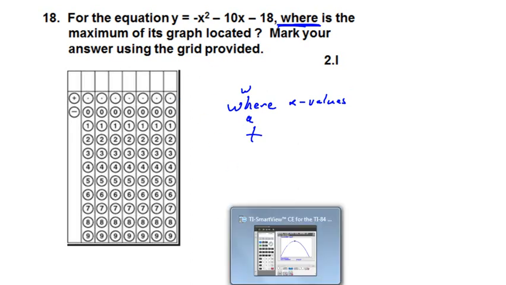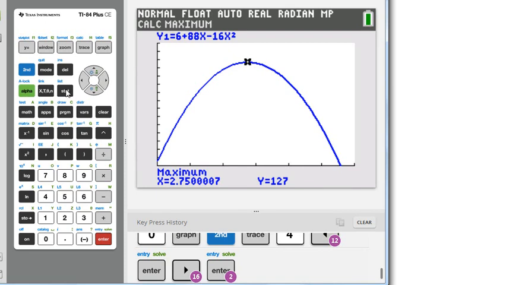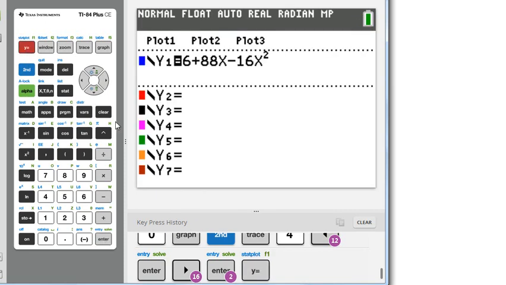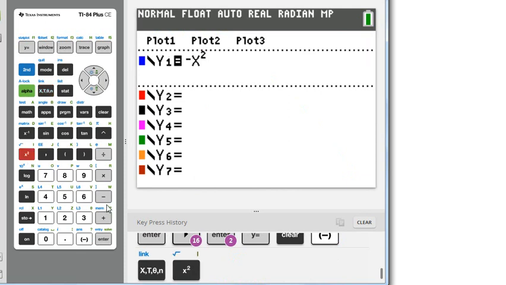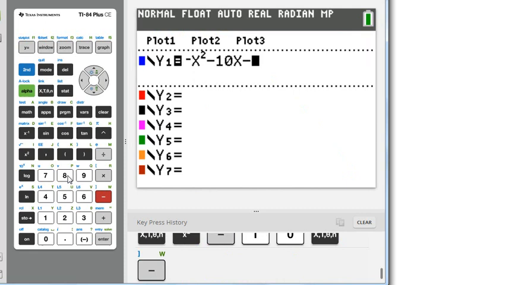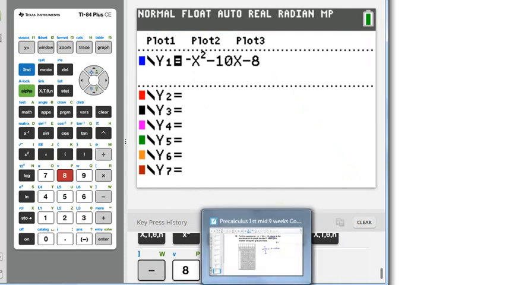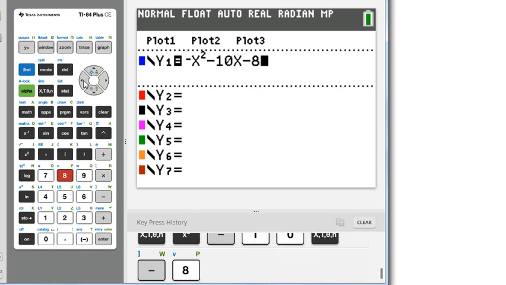So negative x squared minus 10x minus 18. That's what it is.